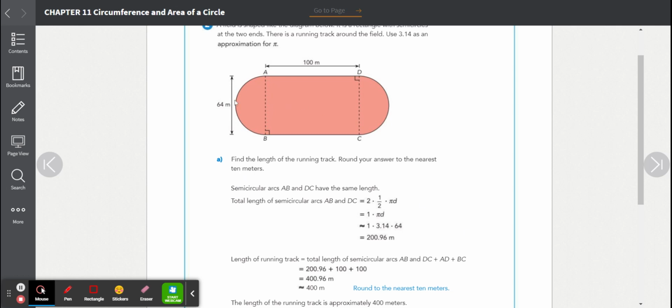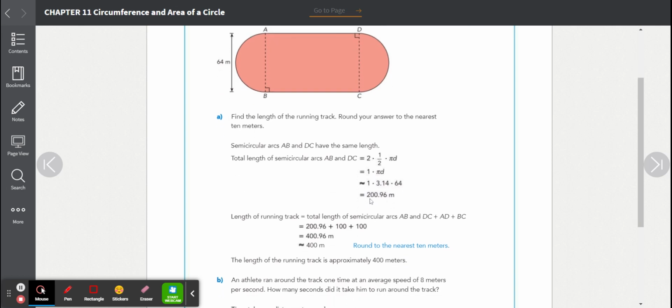So we can just solve for the circumference of the circle. My diameter is 64 meters. Since they're the same length, we're just going to solve them as a circle, right? So 2 times 1/2 times pi d, which really is just pi times diameter, which is going to give me 3.14 times 64 for a total of 200.96 meters.